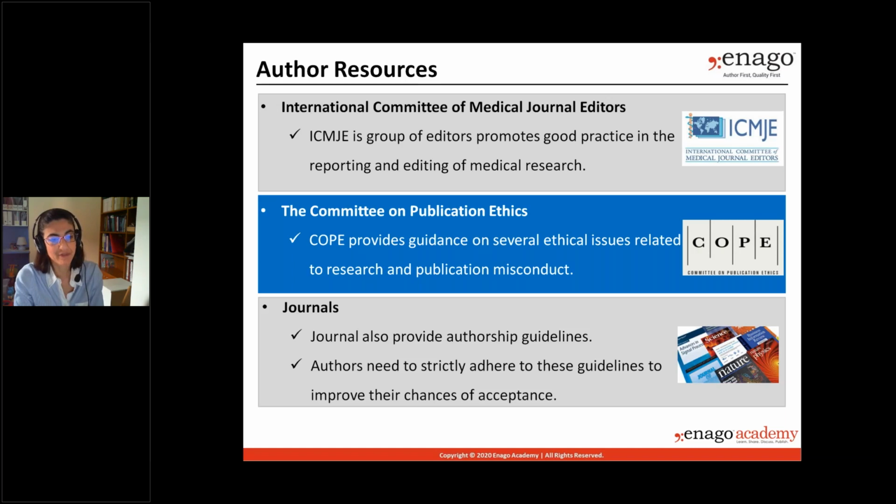Different journals can have their own authorship guidelines, and it's always useful to check with the journal you're submitting your work to what their specific guidelines are when it comes to authorship, in addition, of course, to the guidelines for submission. Authors need to strictly adhere to these guidelines to improve their chances of acceptance. Deviating from what the journal requires for authorship can create considerable problems down the line.